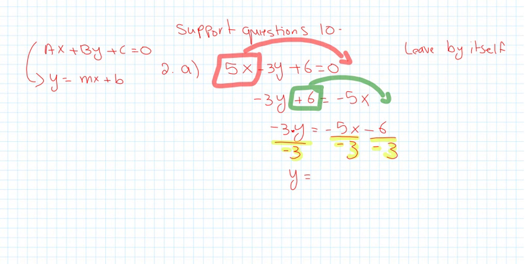If I divide a negative by a negative, what does it become? Positive. So that's 5 over 3x. You see that these negatives cancel each other. Now let's look at the negative 6 divided by negative 3. First of all, a negative and a negative becomes a positive, and 6 divided by 3 is 2.